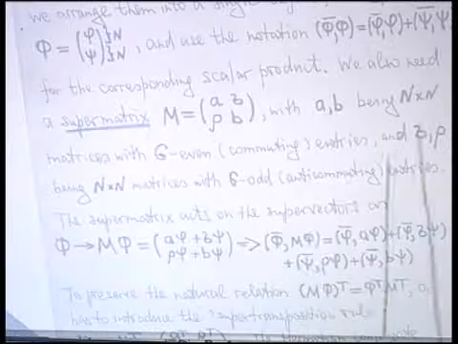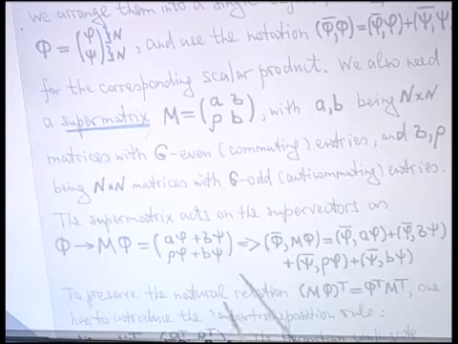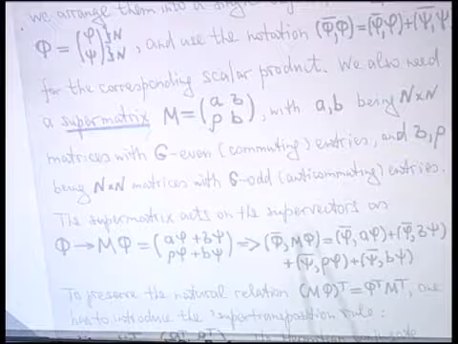So a supermatrix with this block structure, these blocks are all n by n matrices. This decomposition is just induced by the corresponding decomposition of our supervector. Supermatrices of this type act on supervectors in the usual sense.